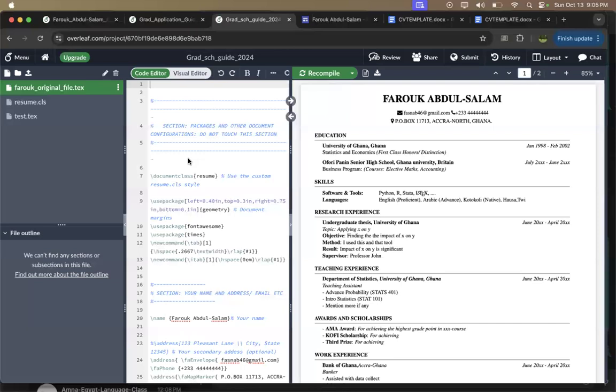So let me quickly start by going through the whole idea of a CV. What I realized during the initial stages of this program, in the types of CVs that I receive, you see someone presenting a CV in a Word document, getting it so misaligned, not knowing where to put the education.